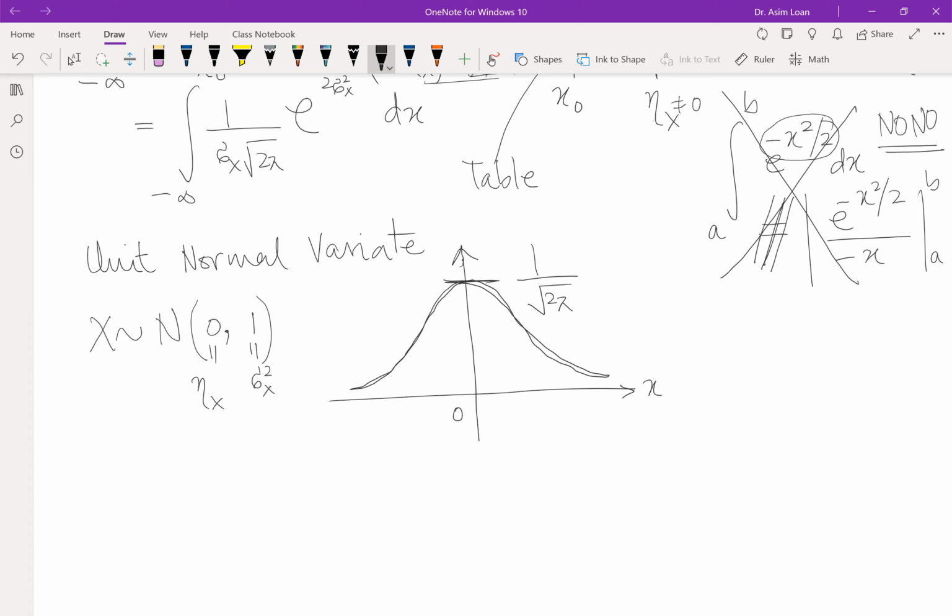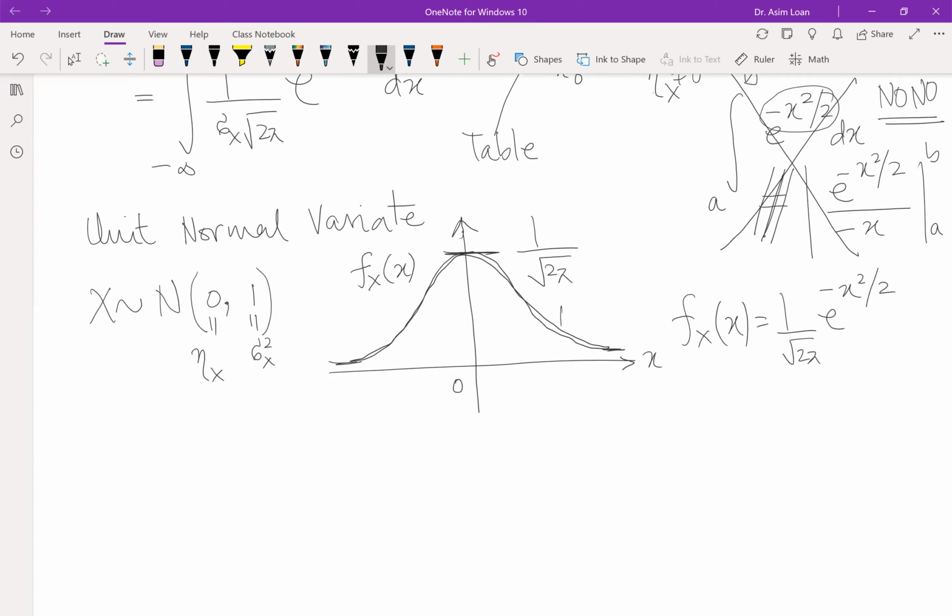This is f x of x, which is 1 over root 2 pi, e to the minus x squared over 2. Sometimes books use z instead of x, it makes no difference. There is no u of x here. Why? Because x goes from minus infinity to plus infinity. So the Gaussian function's range goes from minus infinity to plus infinity.